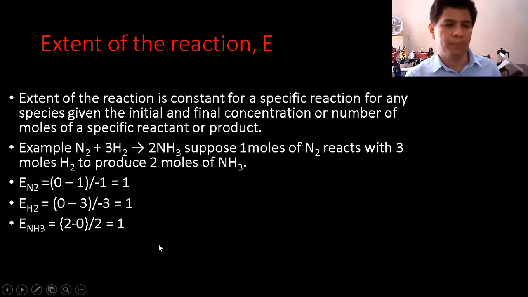So, yan. Basically, equal lamang, sa isang reaction, equal lang yung extent of the reaction, basta meron kayong given na initial number of moles ng one species at saka yung final number of moles ng isang species. So as you can see, pag alam nyo na, halimbawa, alam nyo na extent of the reaction, and then you wanted to calculate the number of moles of H2, you can use the extent of the reaction of nitrogen or hydrogen, and then you can calculate the final number of moles of hydrogen and also of ammonia.